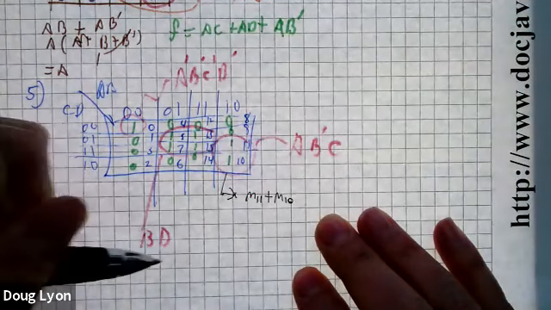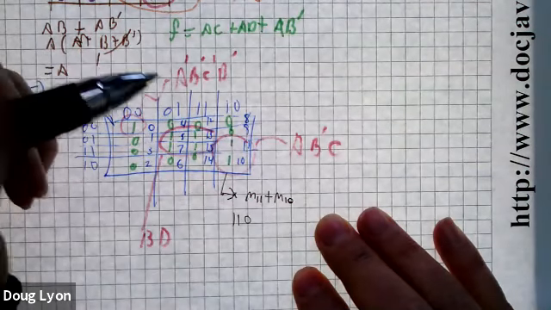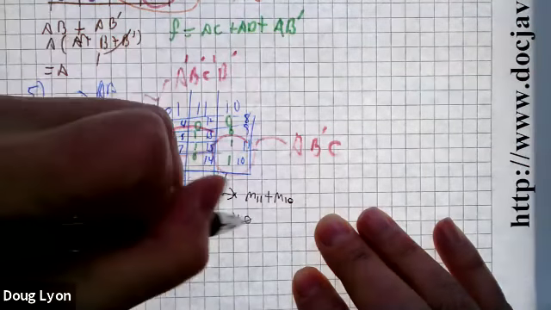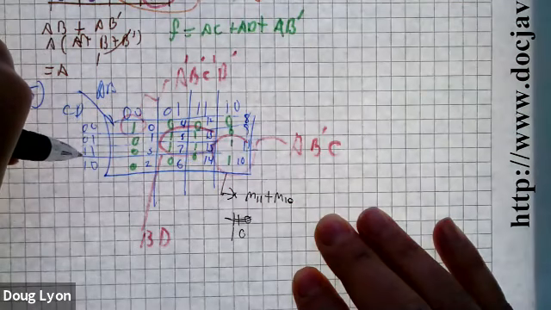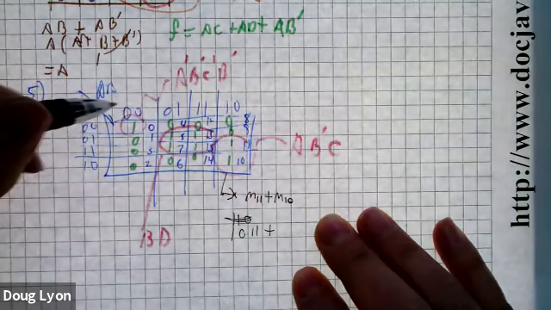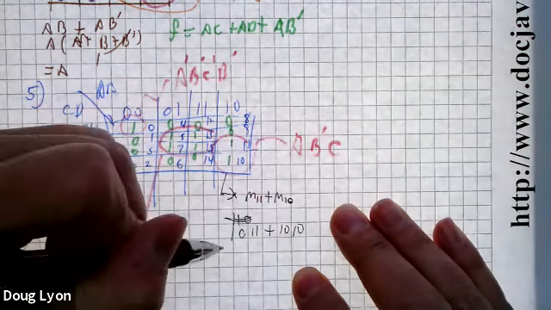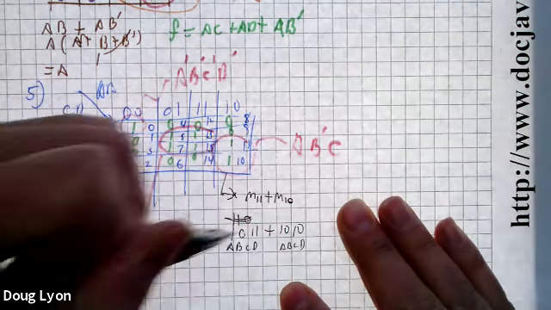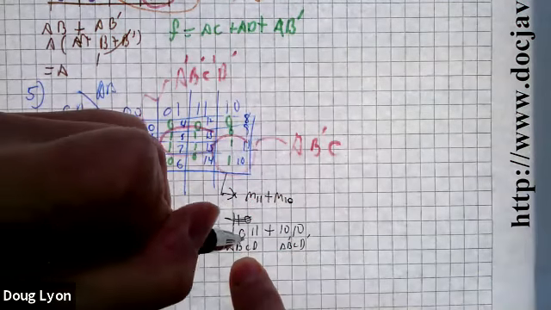And M11 corresponds to 1110, or 1010. A, B, C, D, A, B, C, D. Whenever there's a 0, I put in a prime.